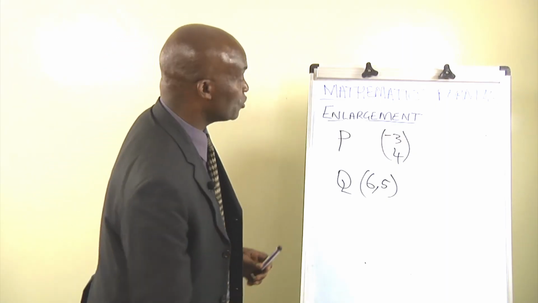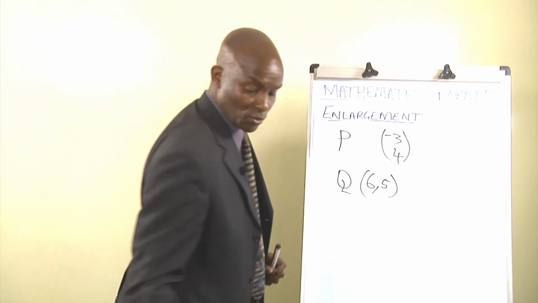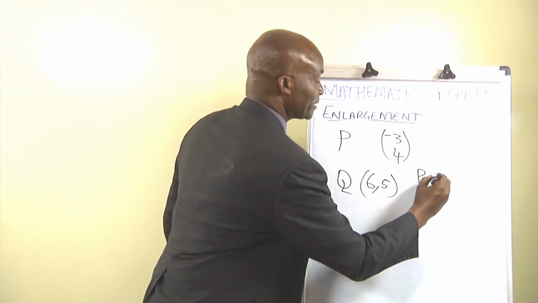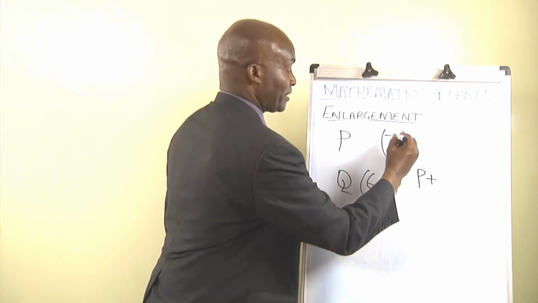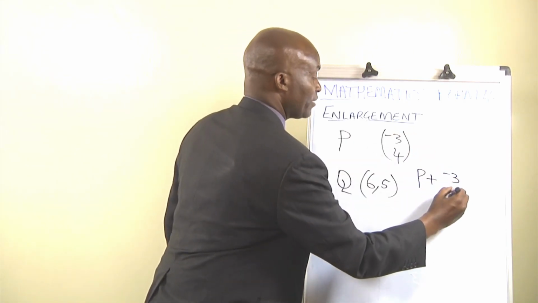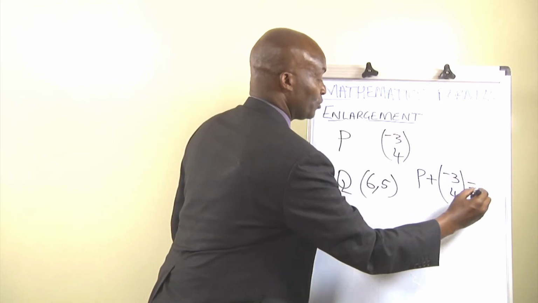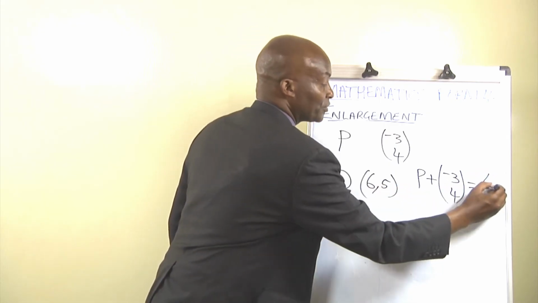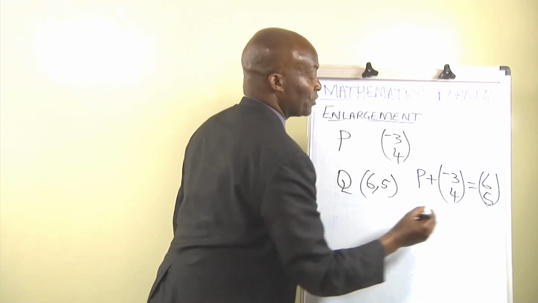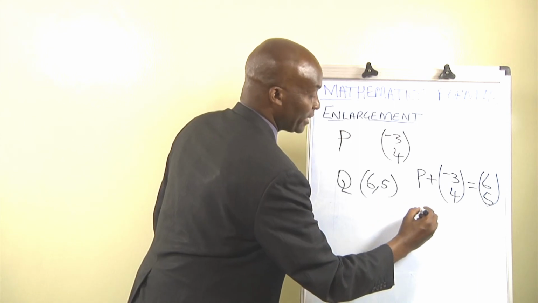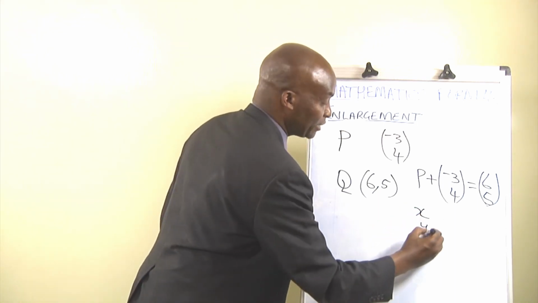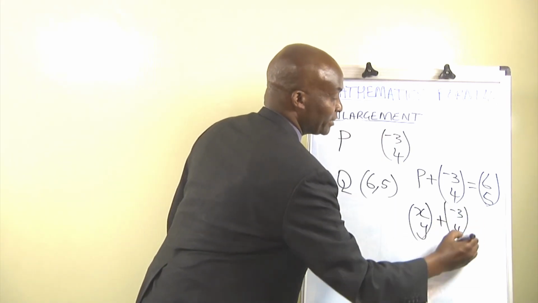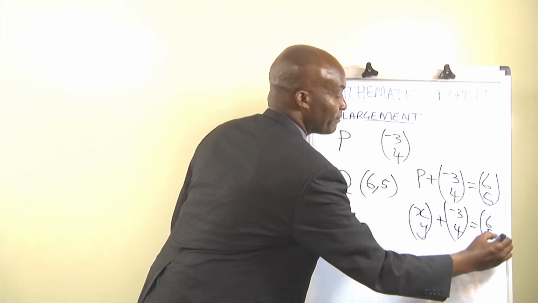Now to find the coordinates of P, we know the formula that we use. We say P plus the translation vector -3, 4 gives us Q. And Q we must write in column vector form, so 6, 5. So supposing the coordinates of P are x, y, then we have x, y plus -3, 4 is equal to 6, 5.